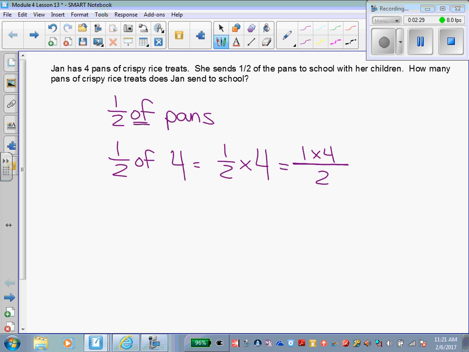So this is 1 times 4 divided by 2. And 1 times 4 is 4, divided by 2. And 4 divided by 2 is 2. So how many pans did she send to school with her children? 2. Is she an awesome mom or what? Because she sent 2 pans of crispy rice treats to school with her children.